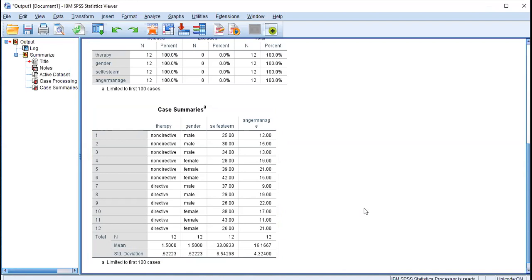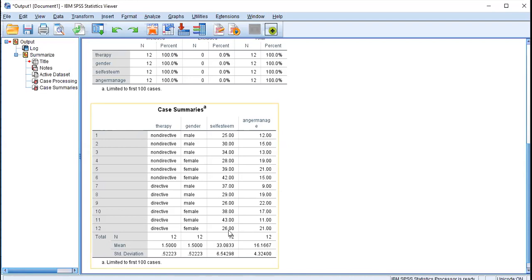Same with directive, which we have mentioned as 2, and non-directive as 1; if we swap the values and make non-directive 2 and directive 1, answers will change. It is just a way of representing the values for category or nominal variables, and has nothing to do with the value being associated to it. It is merely a means of identification.